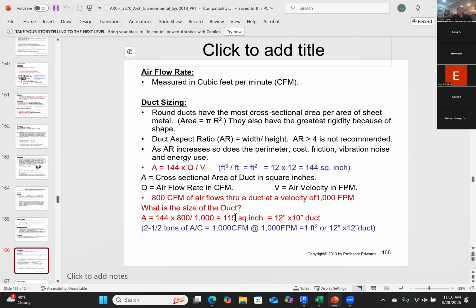Now we want to discuss ductwork that would satisfy 115 square inches of area. 12 by 10 would be very satisfactory. That would be 120 square inches, and we know that 120 square inches is greater than 115, so that's good. Let's double check: is either side 4 times bigger than the other? No. So that's an acceptable size of ductwork.